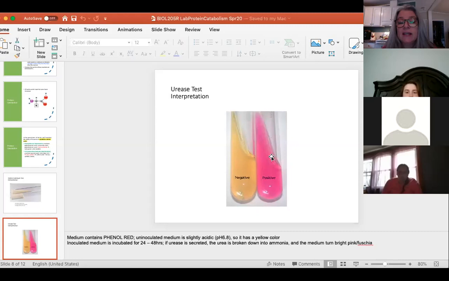Ammonia is a basic chemical. It has a high pH. And in the presence of phenol red, when you have a basic pH, the medium turns fuchsia colored. So a negative result would be a yellow tube, and a positive result would be this gorgeous pink color.